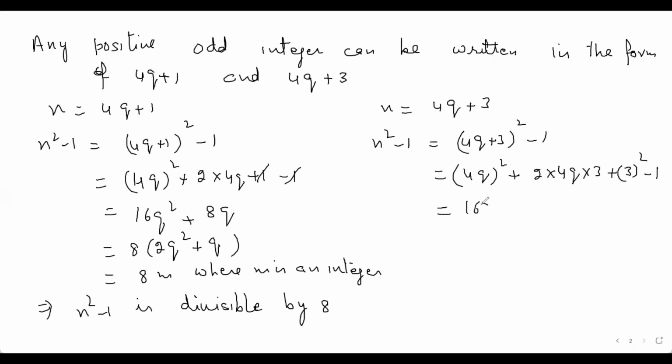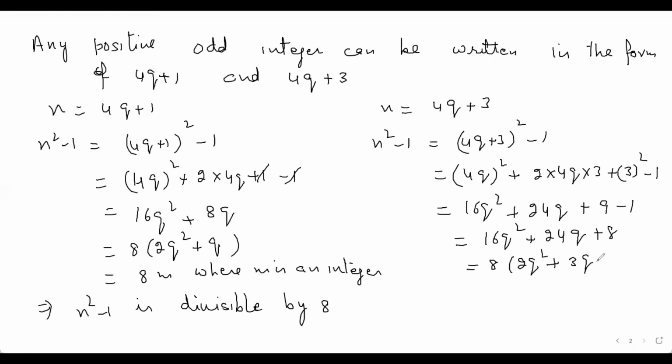This is 16q square plus 24q plus 9 minus 1. This is 16q square plus 24q plus 8. Take 8 common, 2q square plus 3q plus 1. This is 8m, where m is 2q square plus 3q plus 1.